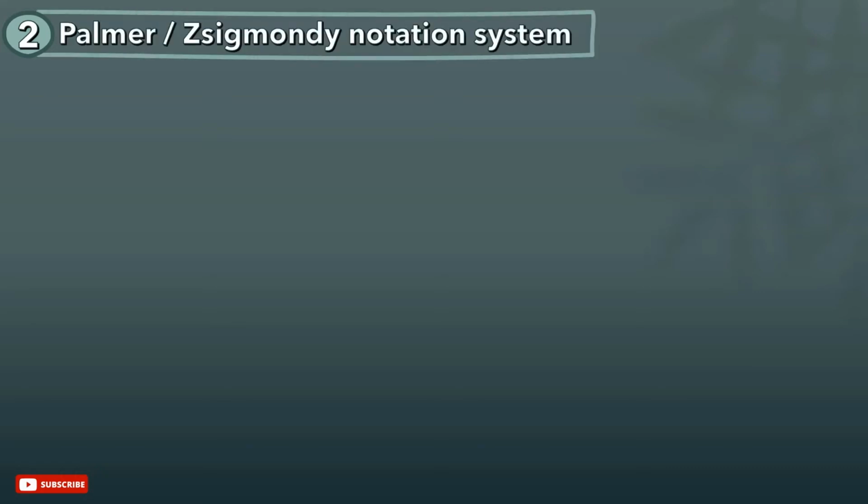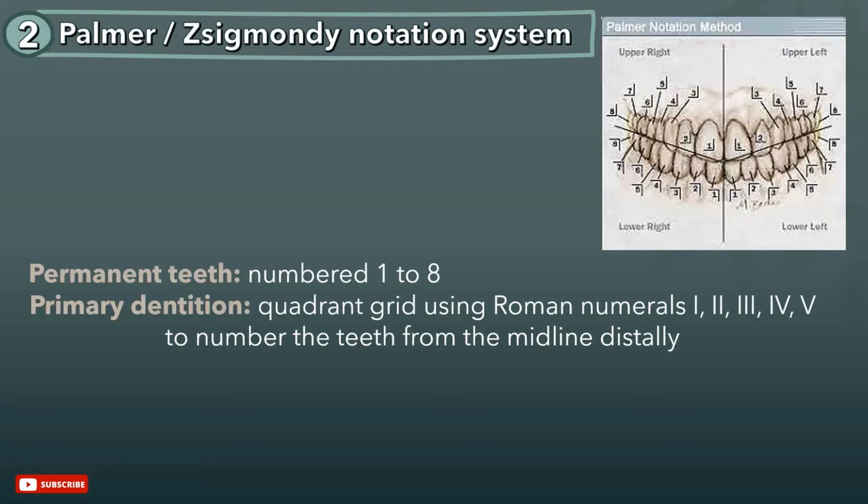The second system is the Palmer-Zsigmondy notation system. It was originally termed Zsigmondy after the Hungarian dentist Adolf Zsigmondy, but now it is called Palmer, and it is mostly used in the United Kingdom.